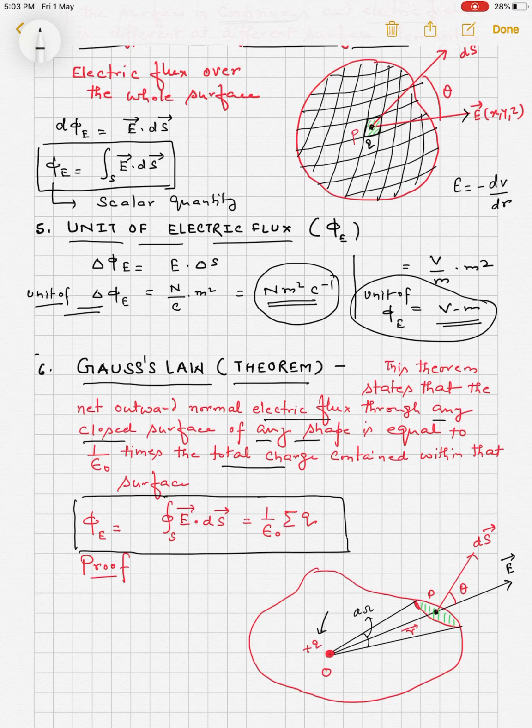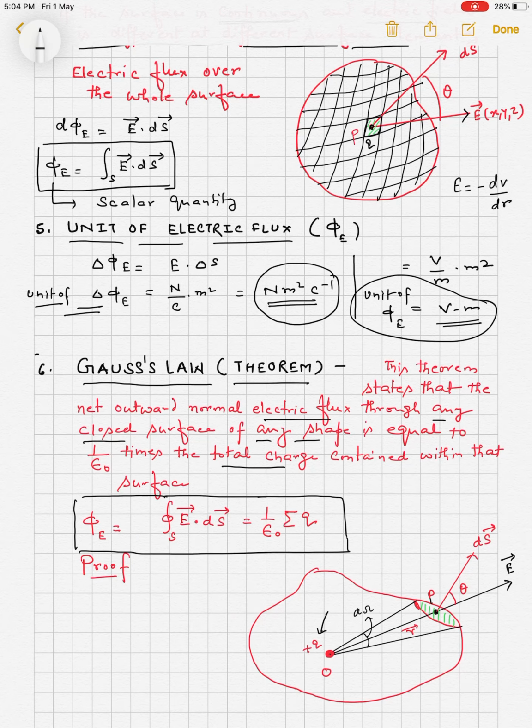Due to this charge, there is electric field E that is radially outward, and the point P is at a position vector r. Here the element enclosing the point P is ds, represented by ds vector, and the angle between E and ds is theta.